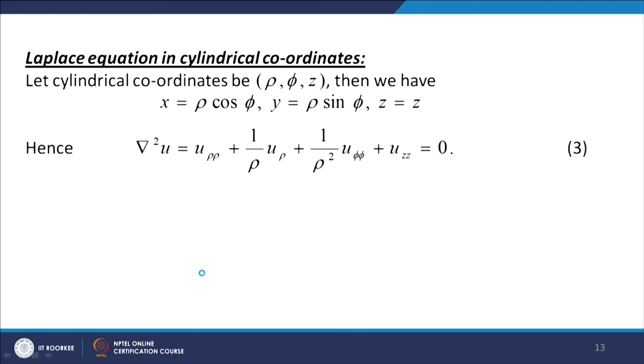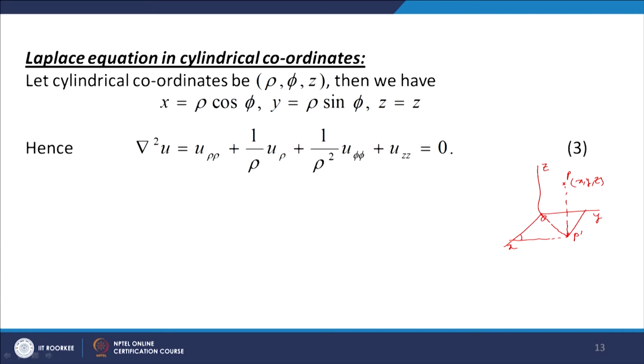So, let us look at the Laplace equation in cylindrical coordinates. The cylindrical coordinates we are taking as rho, phi, z. If you take any point (x, y, z) in space, drop the perpendicular from the point, let us say this is P, onto the xy plane, say this is P dash. Join O to P dash, and draw through P dash lines parallel to the x and y axes.